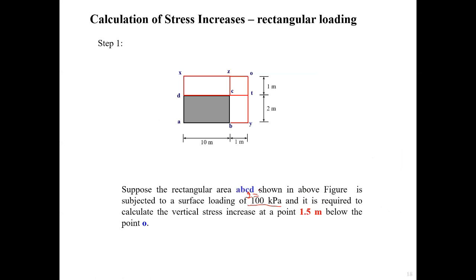We are required to calculate the vertical stress increase at the point 1.5 meter below the point O. So it's here, 1.5 meter. So the rectangular loading is here. That's the real loading area. You have a point O here. So that's the case.